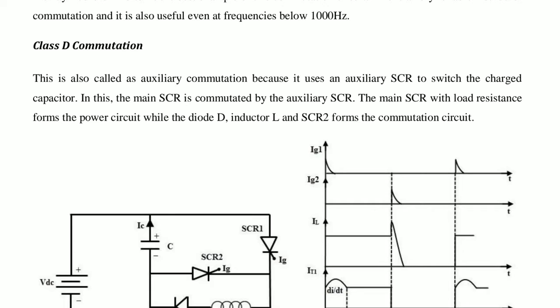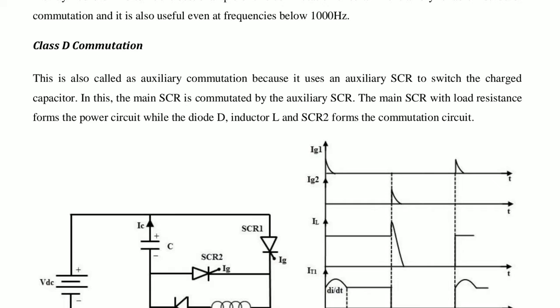Class C commutation is complementary commutation. That means there are a total of 2 SCRs, SCR1 and SCR2, which turn on and turn off simultaneously or one by one. So these are the basic turning off mechanisms in class A, class B and class C commutation.